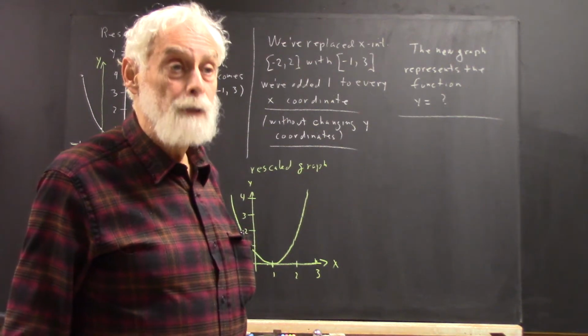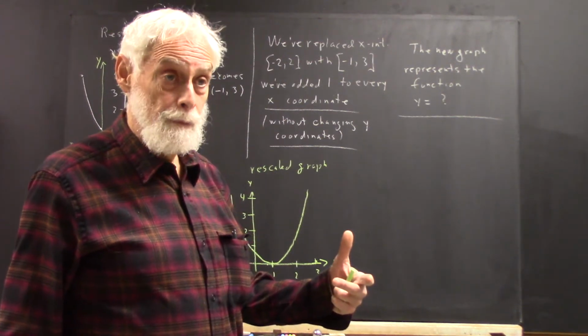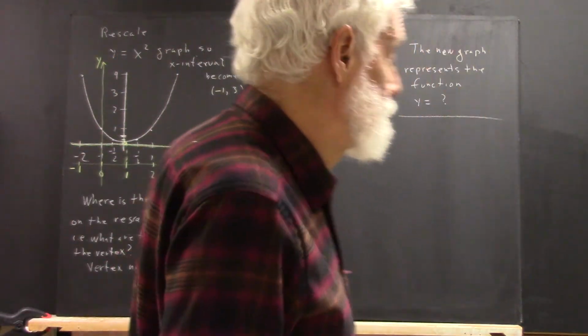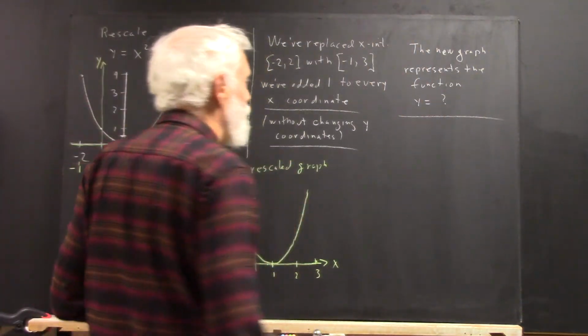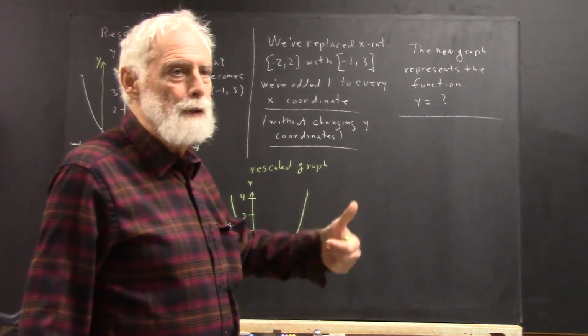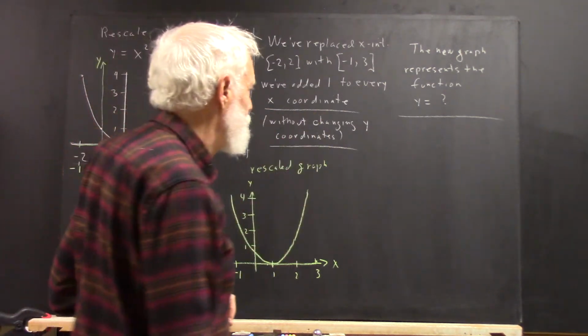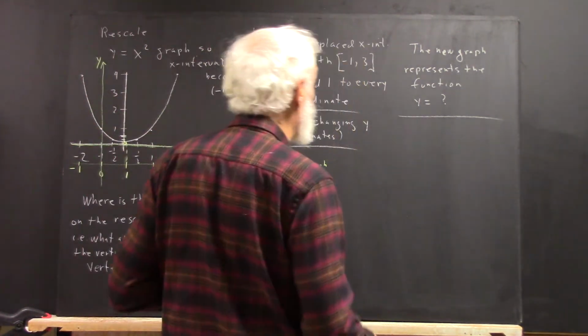Okay? Sorry? Y equals x squared plus 1? Close. Okay. Got the right idea. But that would be if we moved all the y coordinates up one. You think about it. But yeah, we're gonna bring it out here. It's a good try. Okay?